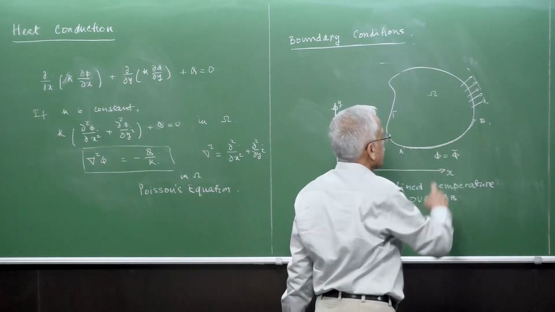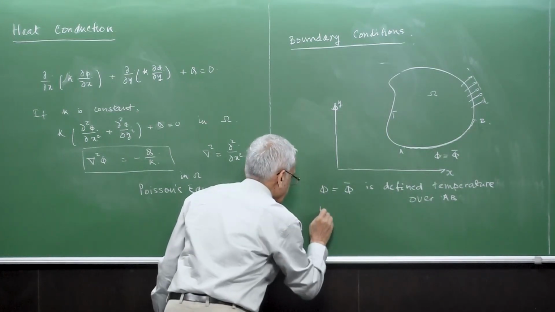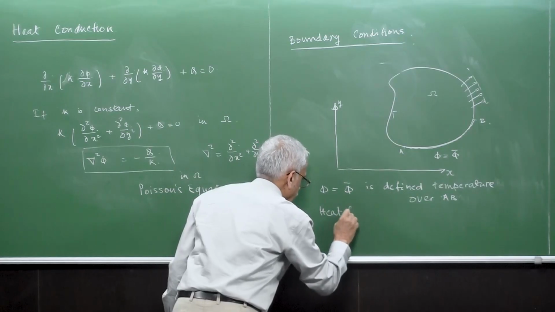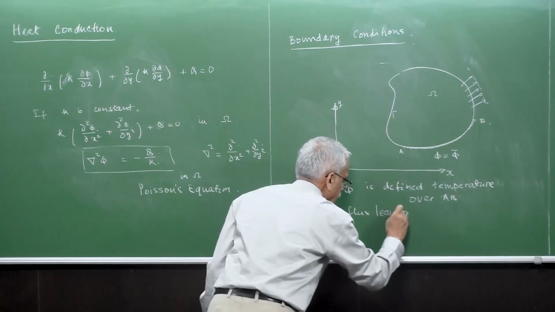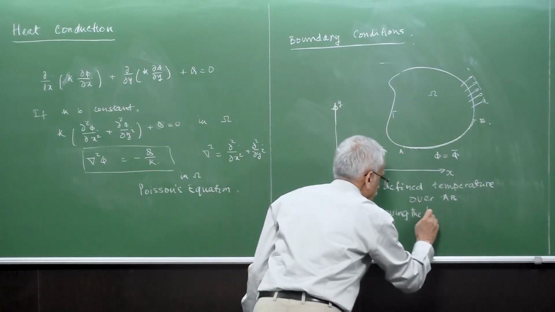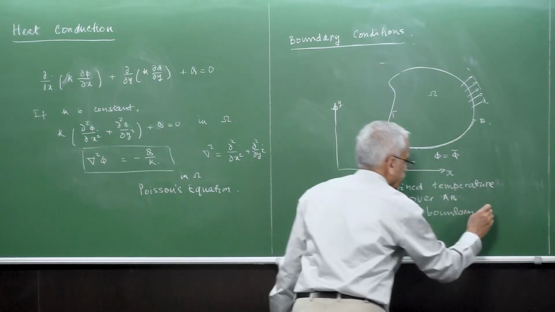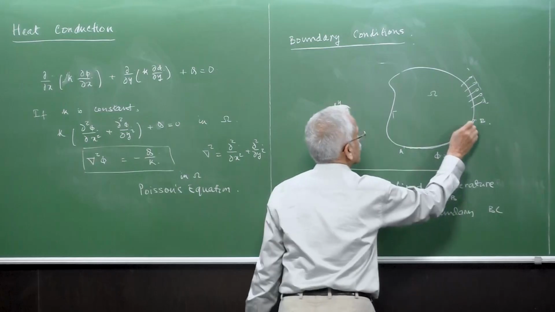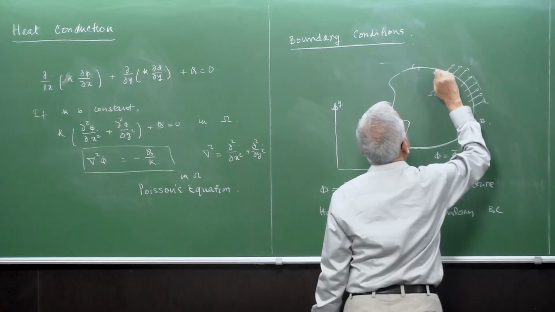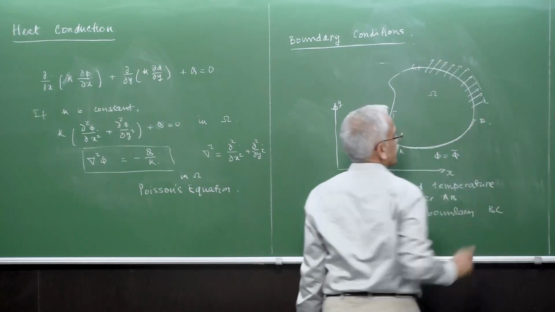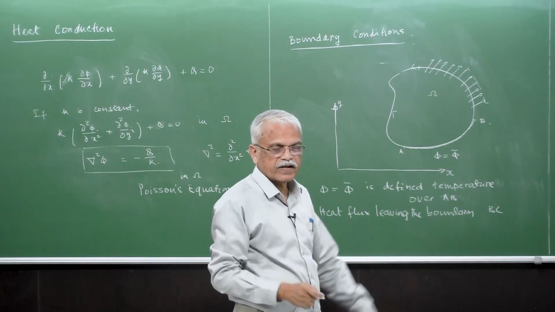So that means that there is a heat flux here, which is leaving the boundary, say over BC, starting from here to C. So we have a heat flux leaving the boundary, a defined value again.